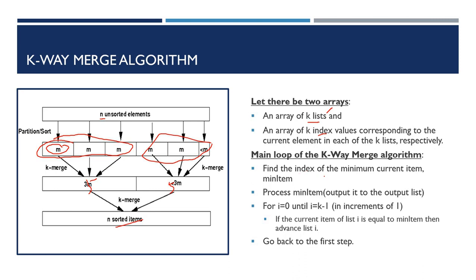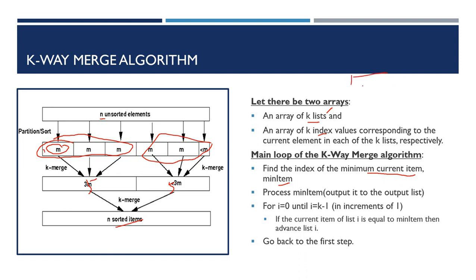In this algorithm, first we take the first block. Let's consider it is divided and passed to the first block. Here the algorithm will identify the minimum item, the min item, and then process the min item to the output. That is, the minimum element will be considered and placed at the start of the sorted output.